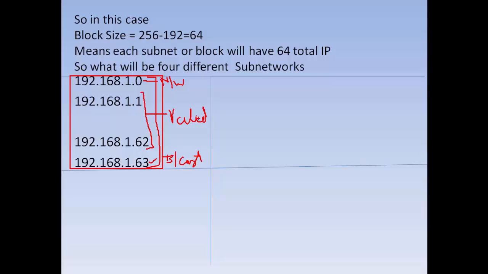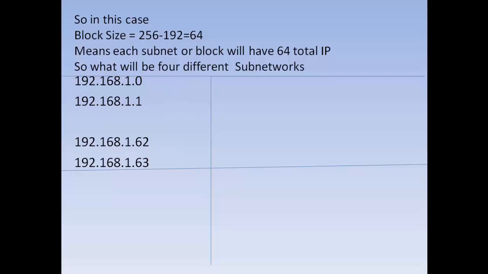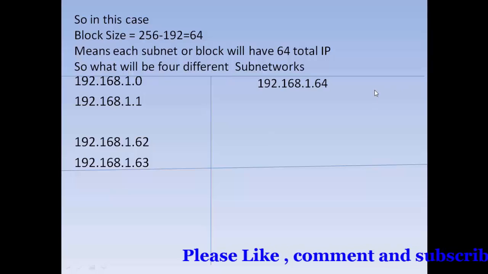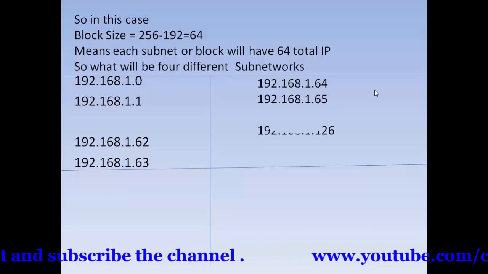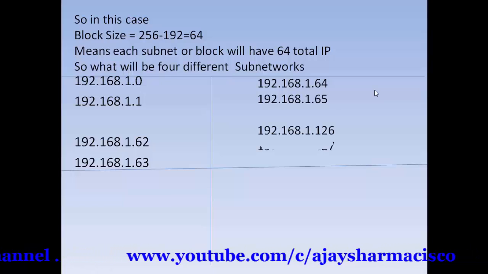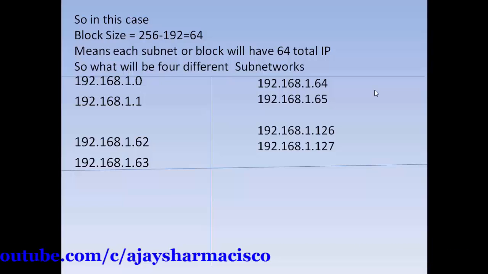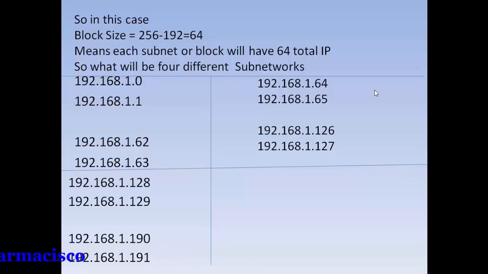Okay. So in the same way, the next block starts at 64 because 63 ends here. Next block is 64. First valid IP is 65. Last valid IP will be 126, and broadcast will be 127. Then 128.